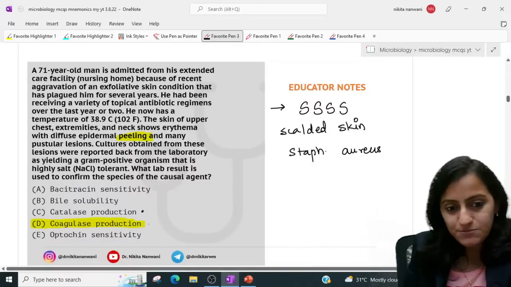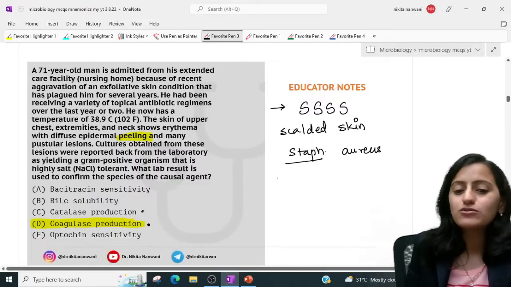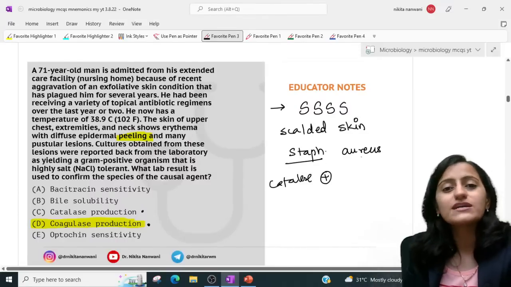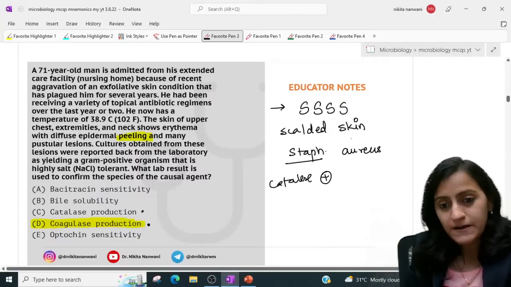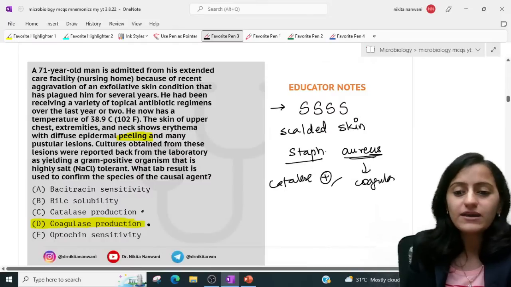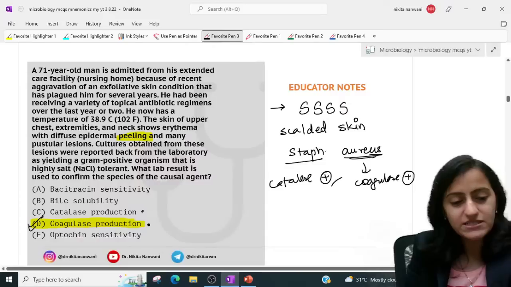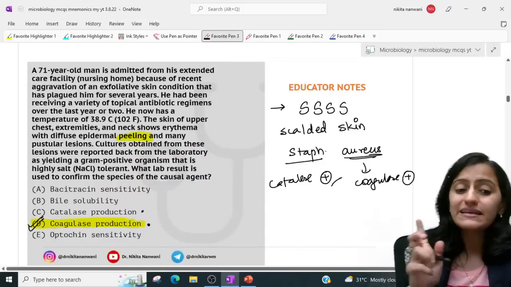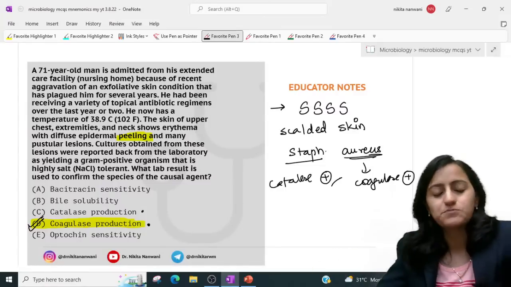Is it catalase production or coagulase production? All staphylococci will be catalase positive, be it Staph aureus, Staph epidermidis, or Staph saprophyticus. But only Staph aureus will be coagulase positive, and that is why the answer here is D. Even though it's catalase positive, the most specific is coagulase positive.